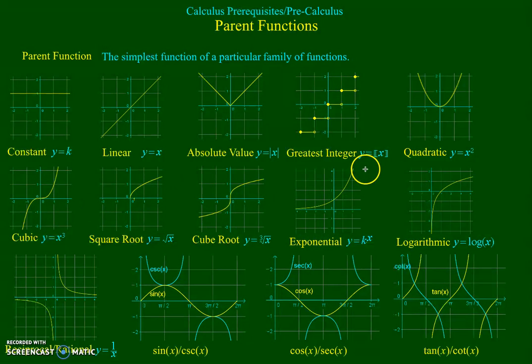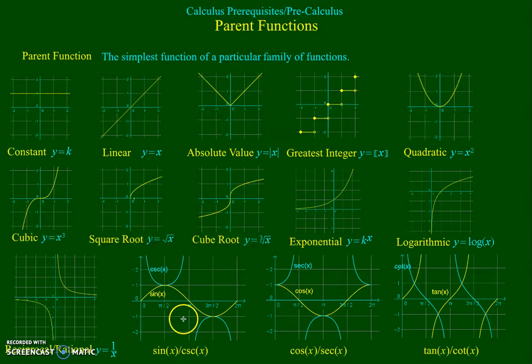Then exponential, logarithmic. We learned that these are inverses of each other, that is, reflections across the line y equals x. Then we have reciprocal or rational functions, and they have this characteristic double asymptotic behavior. And then we have all the trig functions.